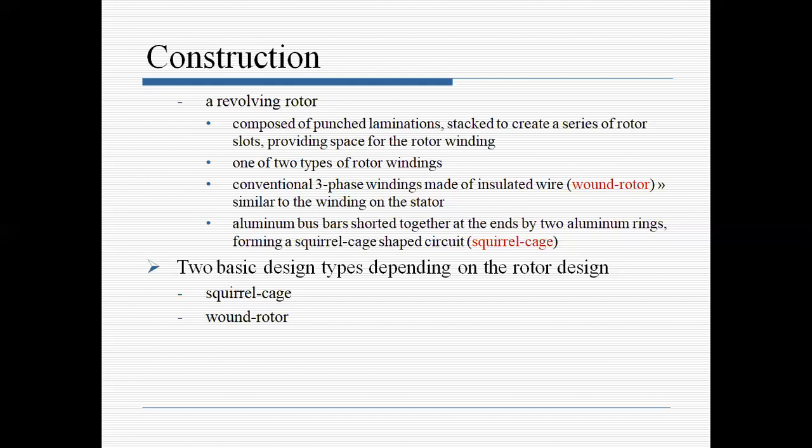Instead of copper wire, we are using aluminum bus bars or copper bars, which are placed in the rotor slots and bolted or shorted themselves with the help of aluminum rings.